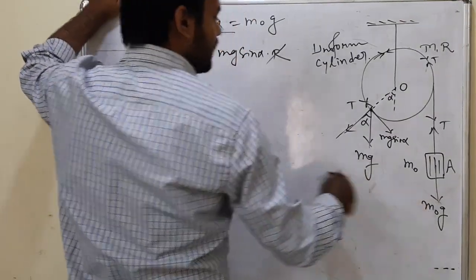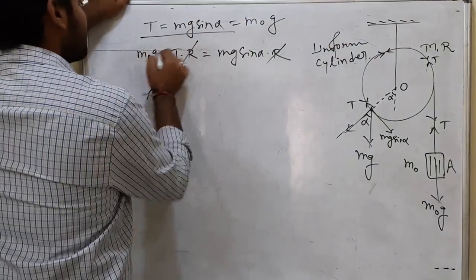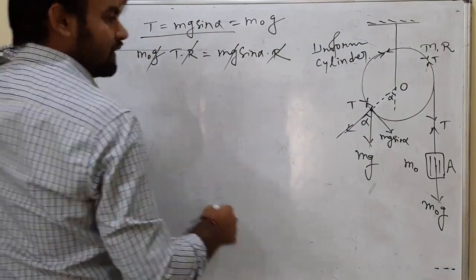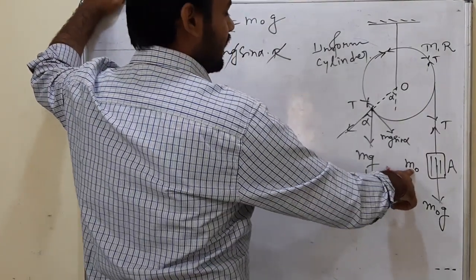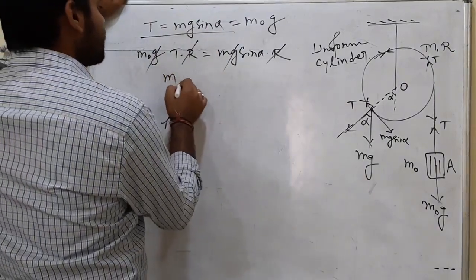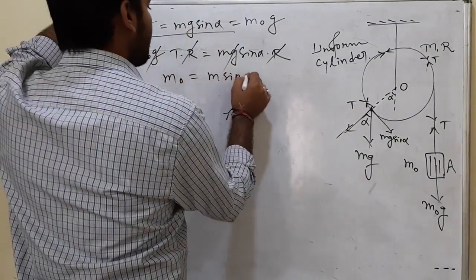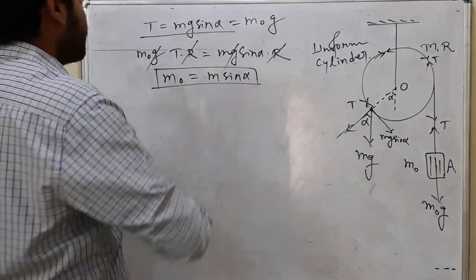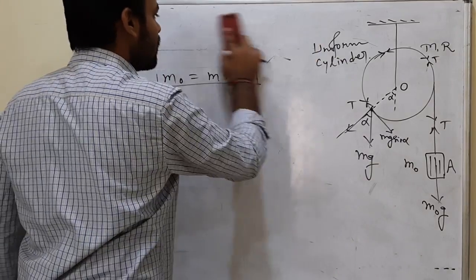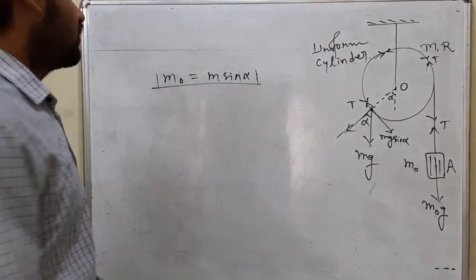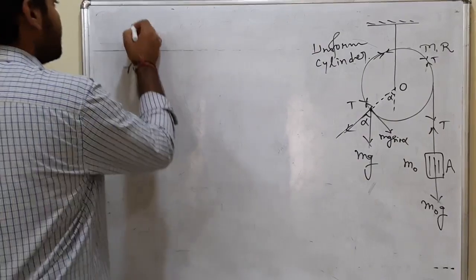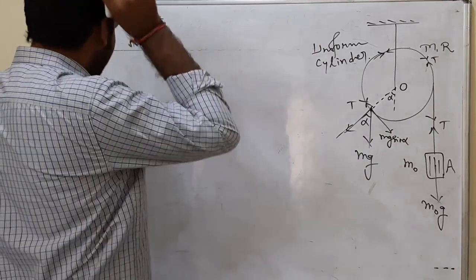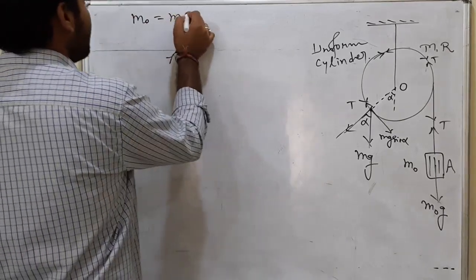And we know the value of T is m0 g, so I am writing it again as m0 g. We can see g and g cancel out, and we get m0 equals m sin alpha, which will be a useful expression in the upcoming part. Since this board is very small, let me note it: m0 equals m sin alpha.